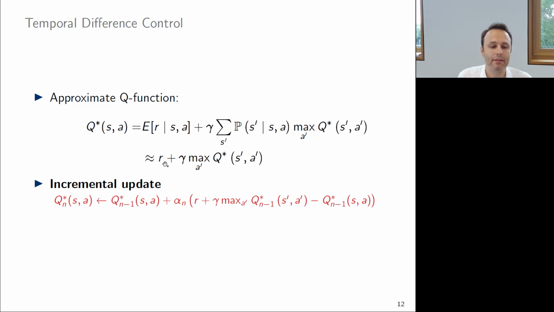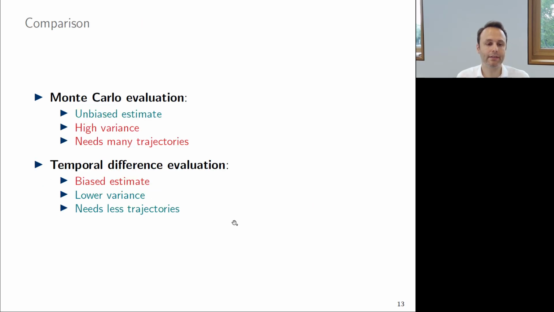We just take this one draw approximation. So we just take the immediate reward and just the Q value of the next state. And then we take the maximum of it and discount this. Also here we can write up an incremental update, which looks pretty similar, only that we have here the Q values and the maximum here. And this is basically temporal difference learning.